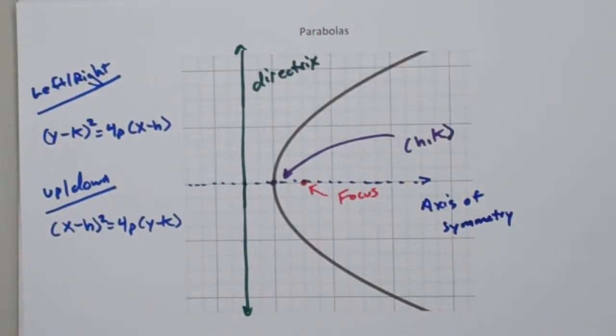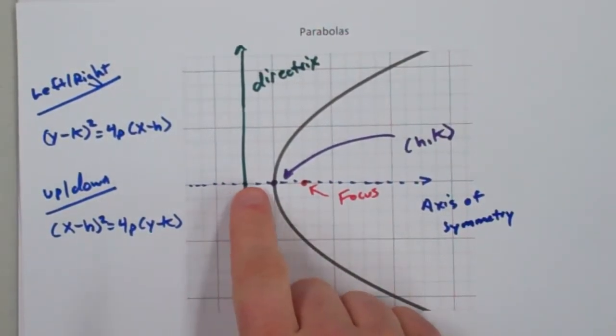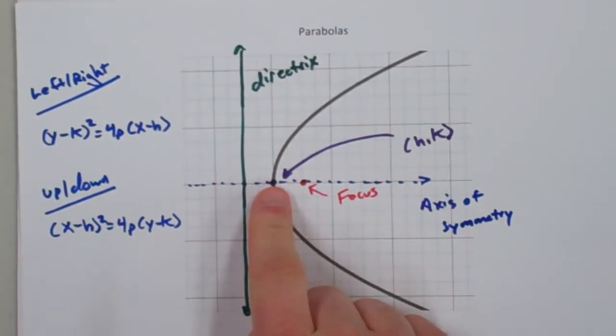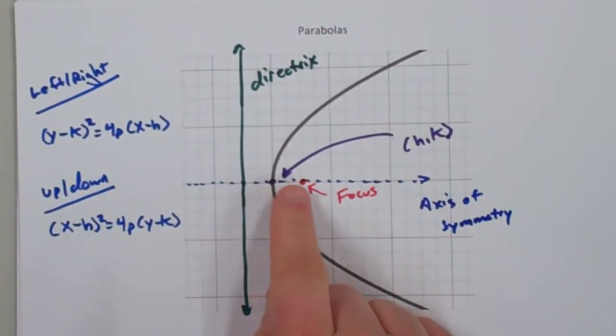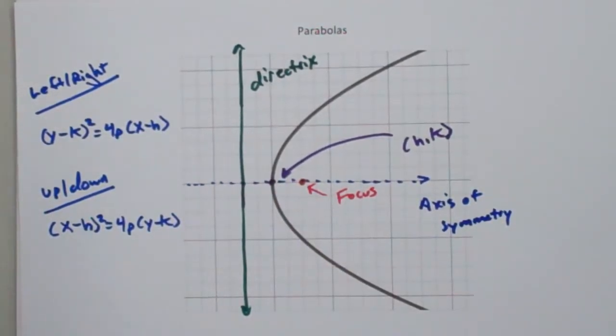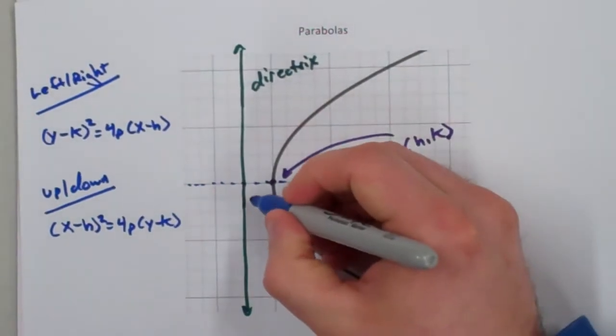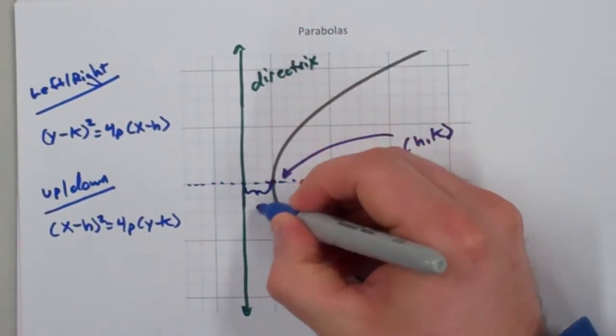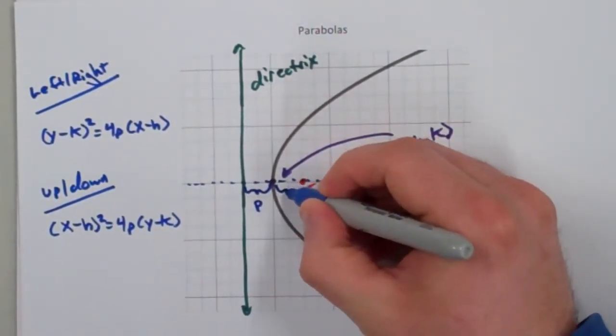Now you'll notice that the distance between the directrix and the vertex, and the distance between the vertex and the focus, is actually the same thing. And that same value is going to be a variable we're going to call p.